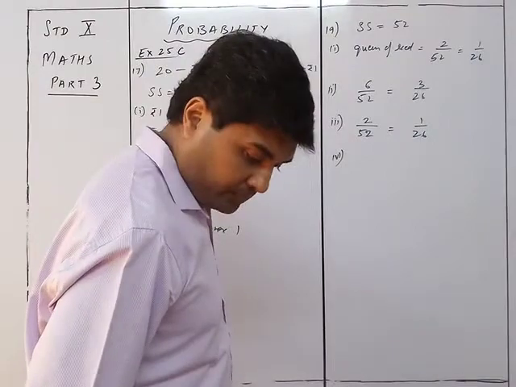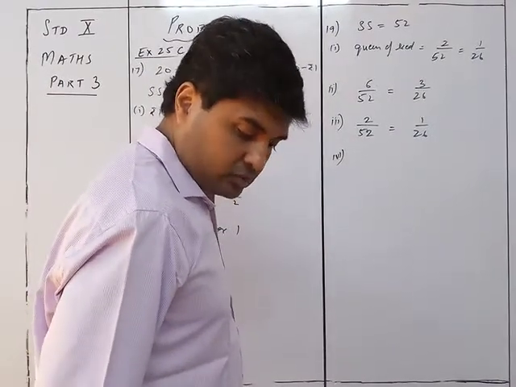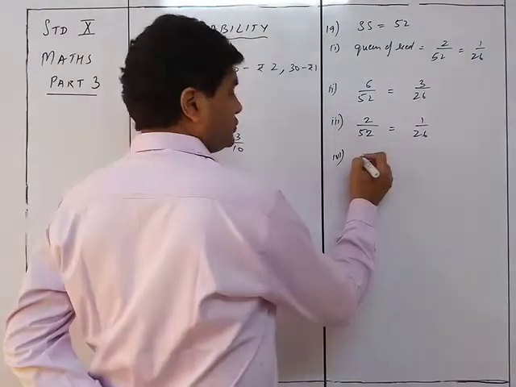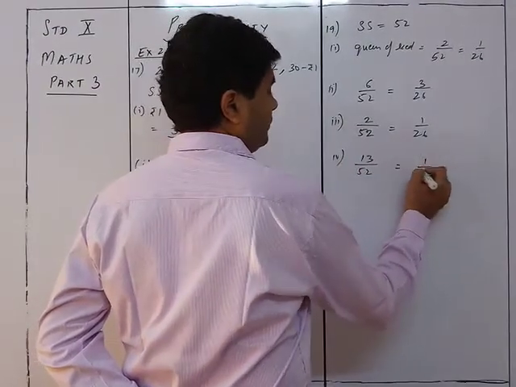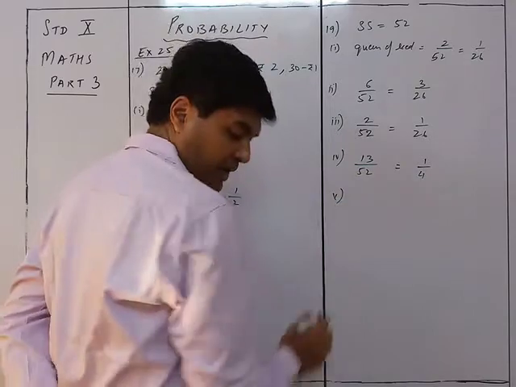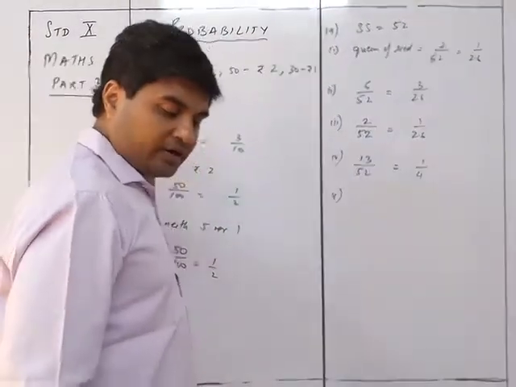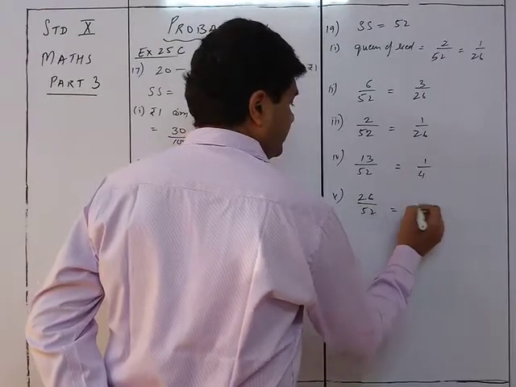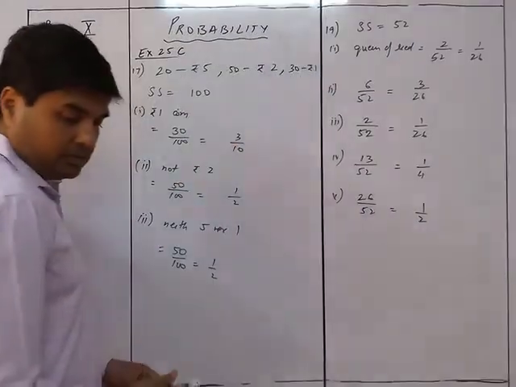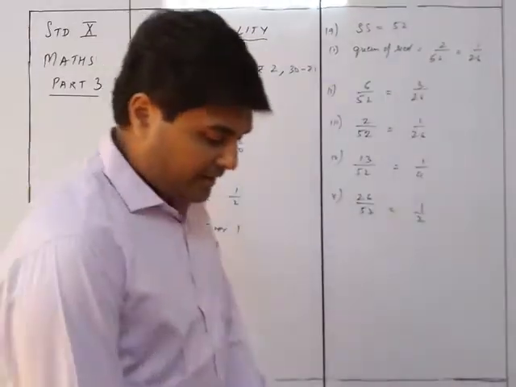Fourth one, a diamond. So 13 cards, a diamond. So 13 upon 52 is equal to 1 upon 4. Fifth, a diamond or a spade. So that will be 26 upon 52, which is 1 upon 2. That was sum number 19.